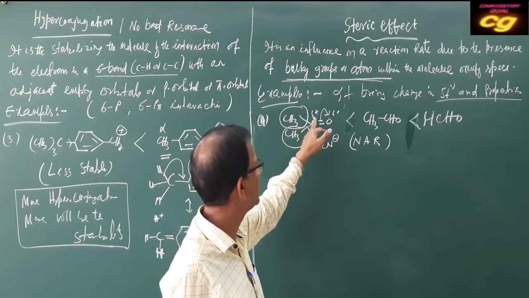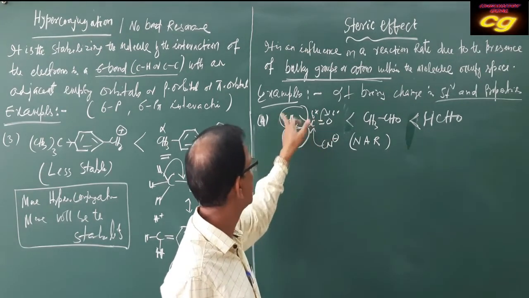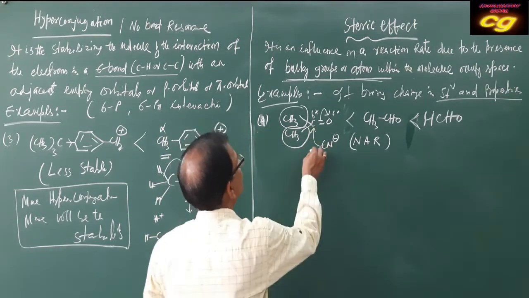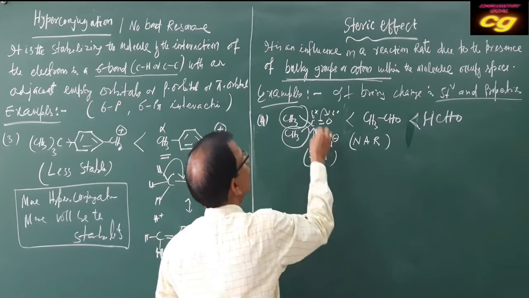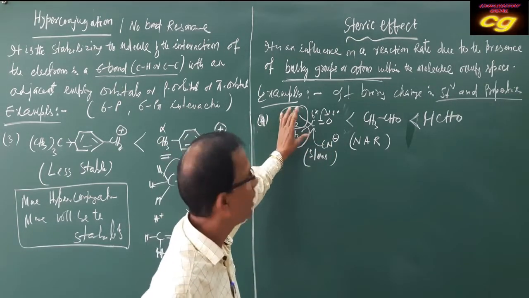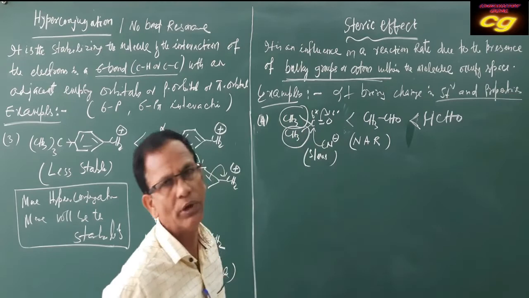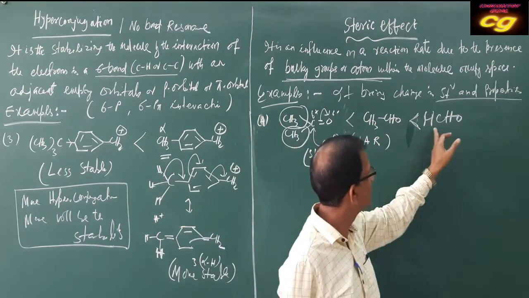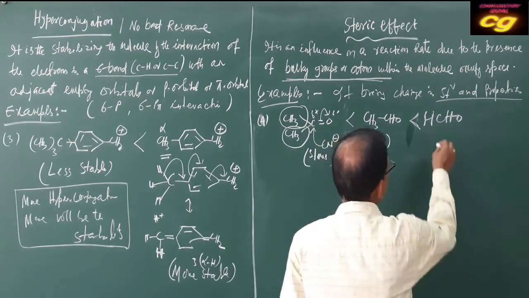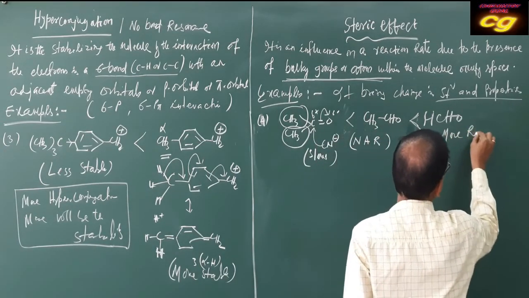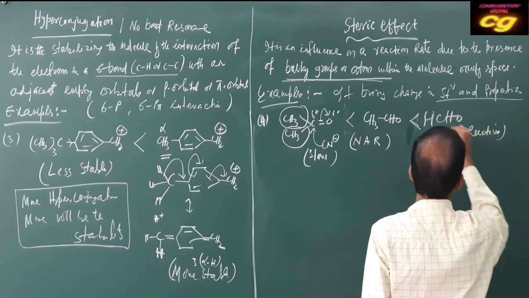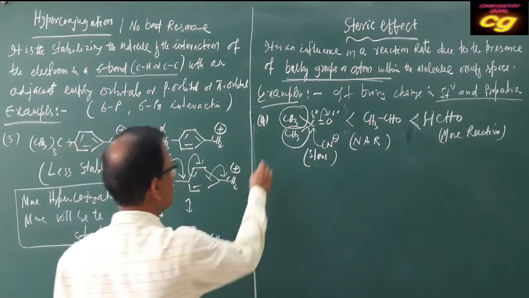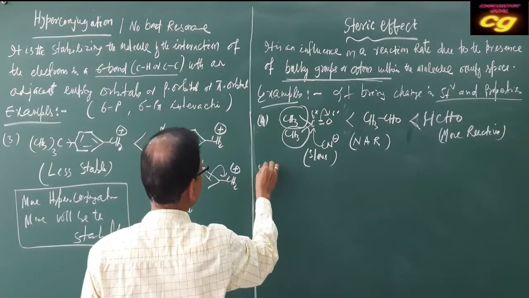As this partially positive carbon is covered by bulkier methyl groups, attack will be slow due to the covering of bulkier groups around carbon. With one bulkier group, reactivity is more. With no bulkier group, it is more reactive towards nucleophilic addition reaction. This is a very important concept regarding reactivity.